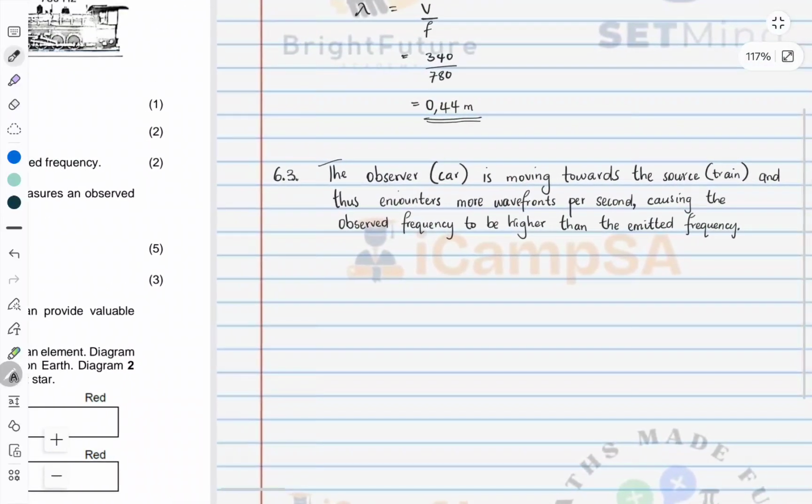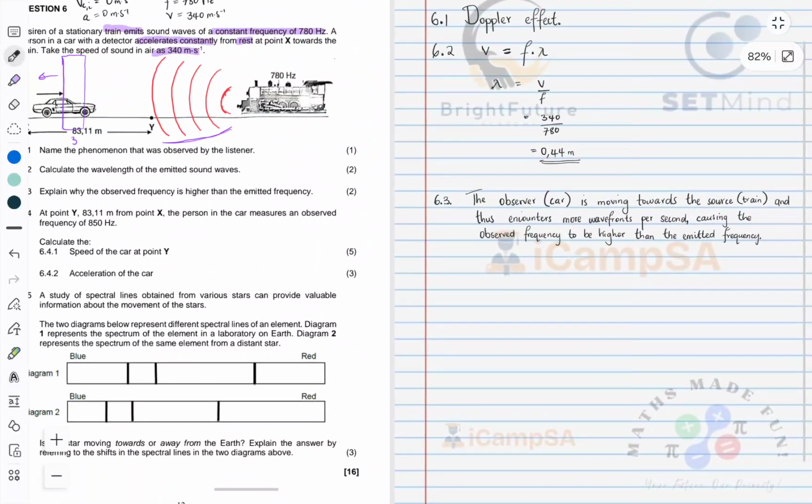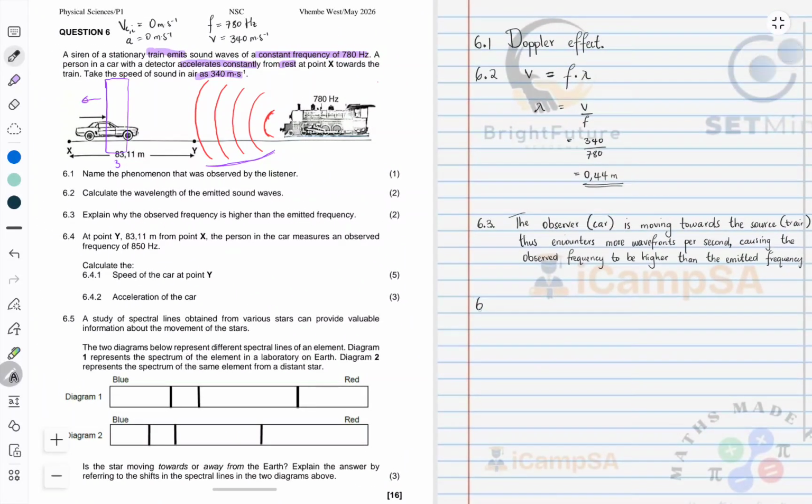So yes, this is how we would answer that question. As the observer moves towards the source, it encounters more wave fronts per second compared to the rate at which they are emitted, of course, thus causing the observed frequency to be higher than the emitted frequency.